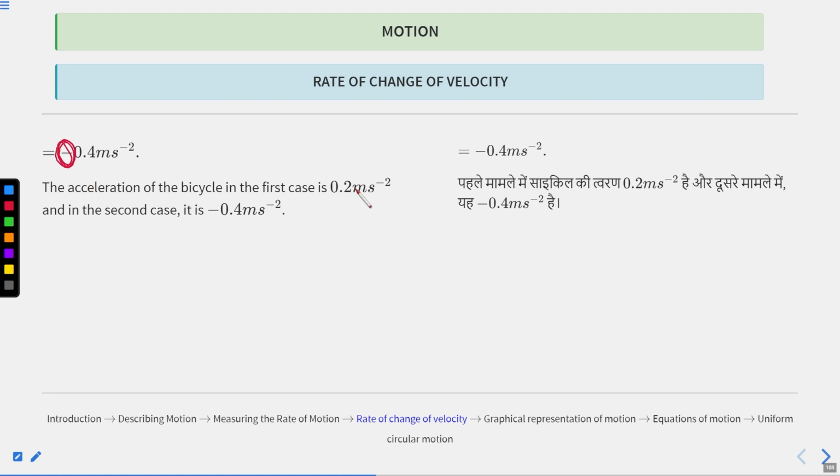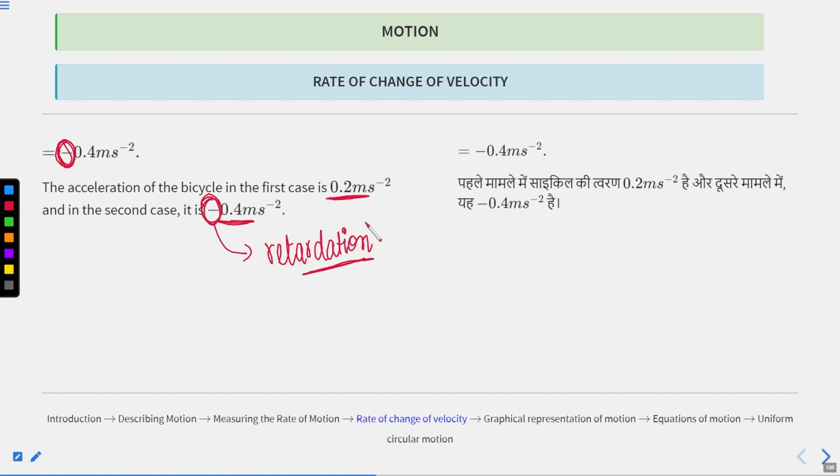So the acceleration of the bike in the first case was 0.2 and in the second case was 0.4, and this negative sign indicates retardation. Retardation means you have applied brakes or something to stop the motion.